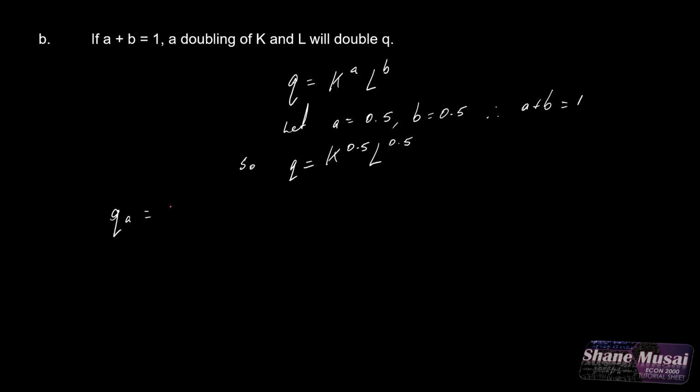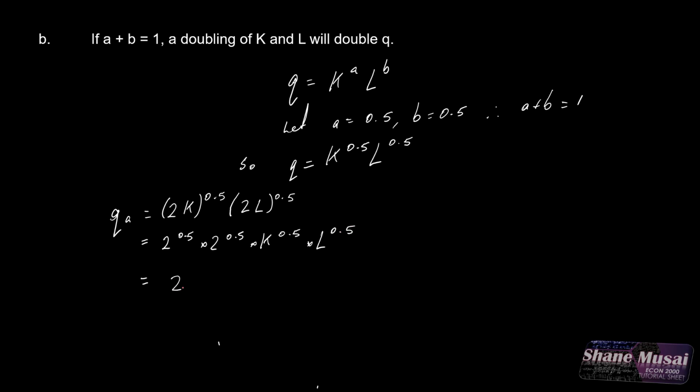QA is equal to 2K to the power of 0.5 times 2L to the power of 0.5. So we basically doubled our input factors. K is doubled, L is doubled. And let's see how much output we would now get. So this is equal to 2 to the 0.5 times 2 to the 0.5 times K to the 0.5 times L to the 0.5.